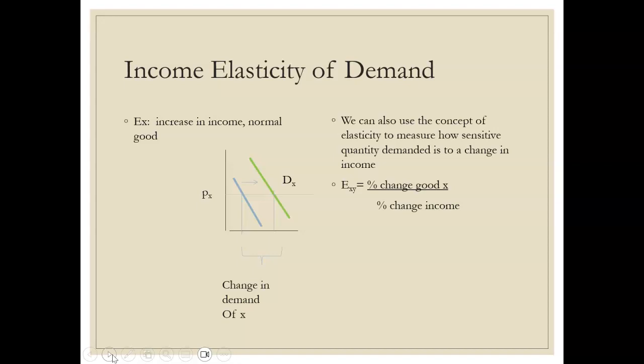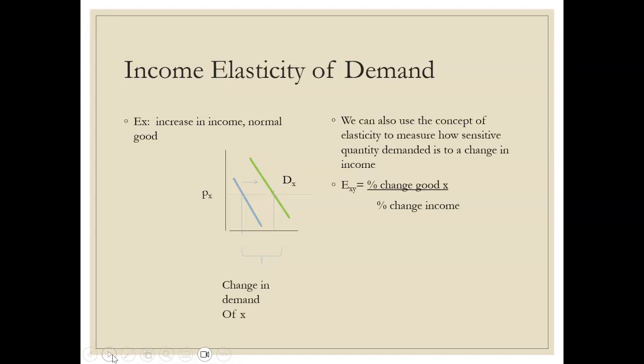So we can use the concept of elasticity to measure how sensitive quantity demanded is to changes in income. The income elasticity of demand equals the percent change in the quantity of good X divided by the percent change in income.